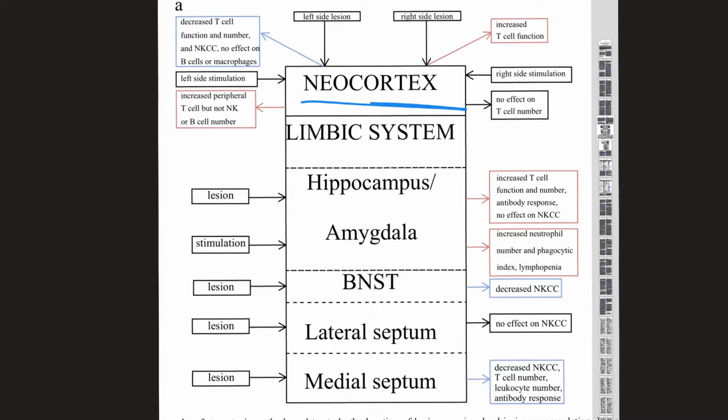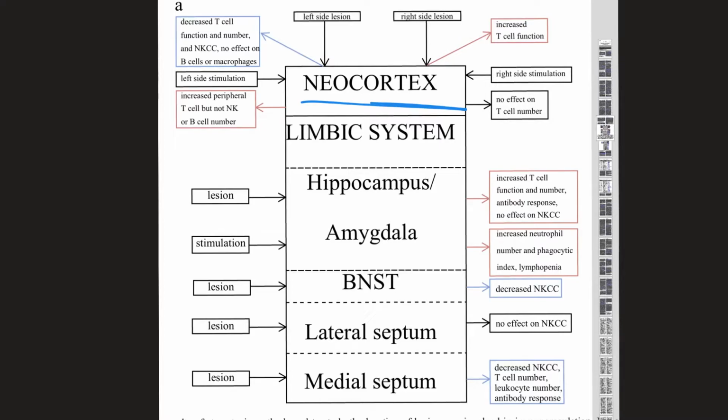So let's start by looking at the neocortex, which is your frontal lobe. If we look at where it says left side lesion, what they did was create dysfunction in the left hemisphere of the frontal lobe. And what did they see? They saw decreased T cell function and number.